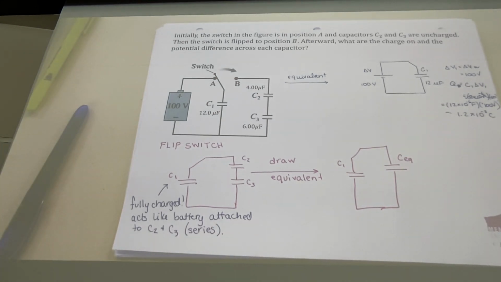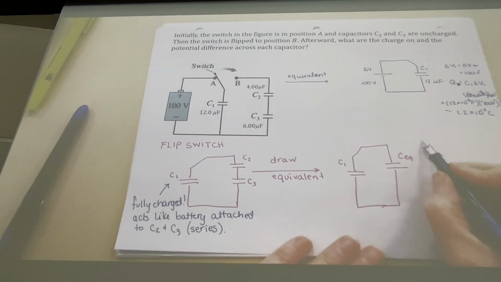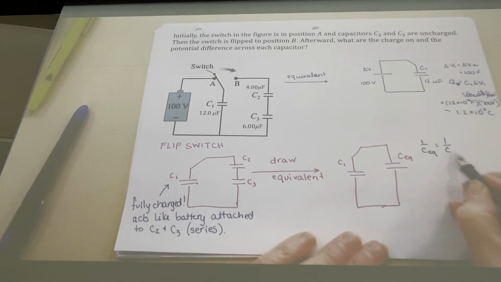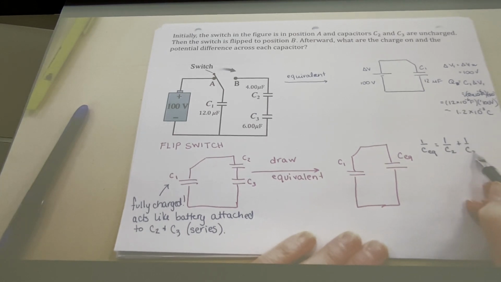For capacitors connected in series, 1 over C equivalent is 1 over C2 plus 1 over C3. So 1 over 4 microfarads plus 1 over 6 microfarads.